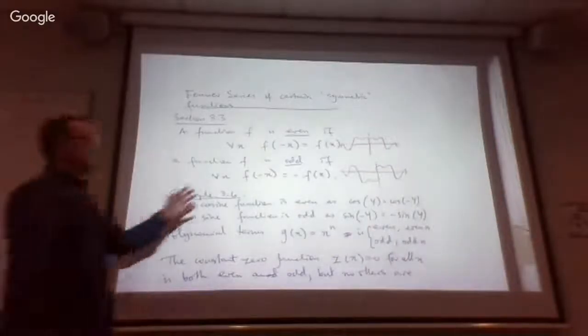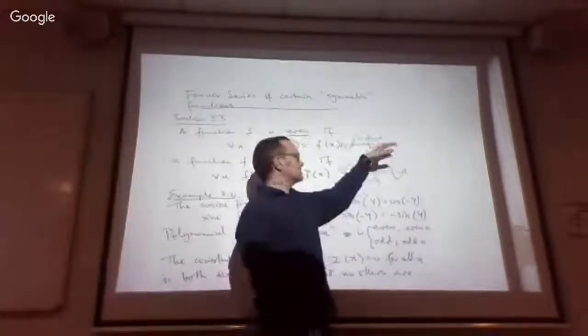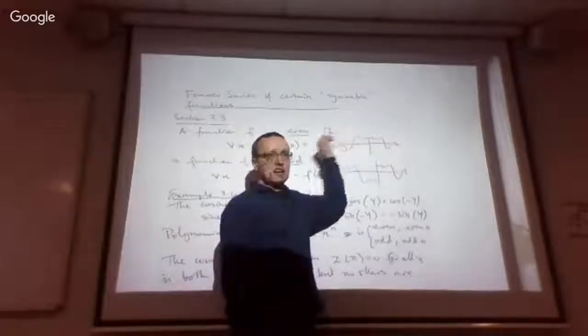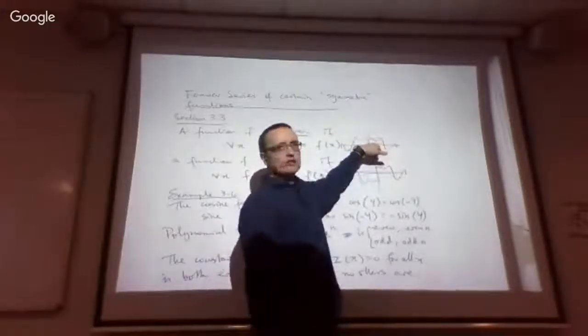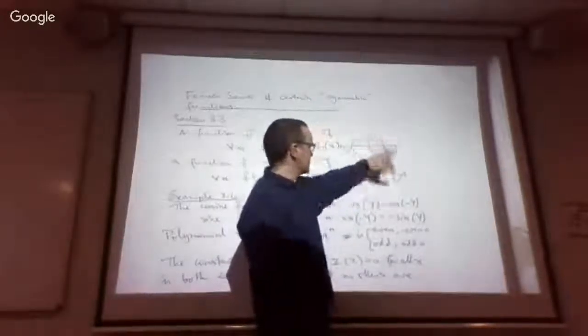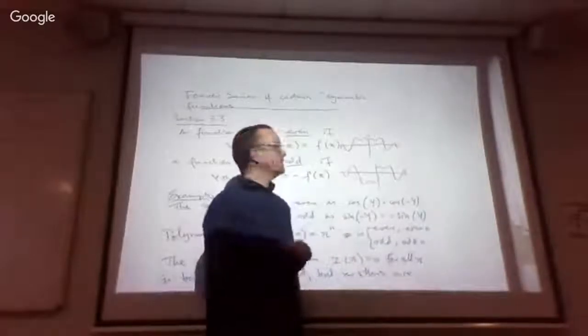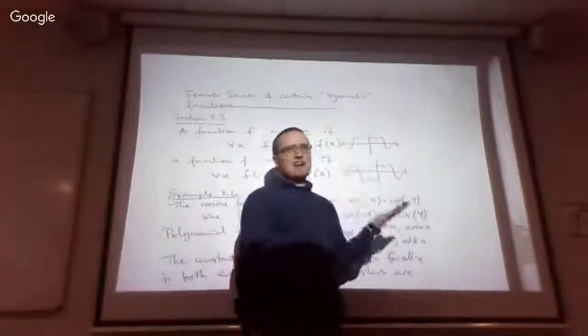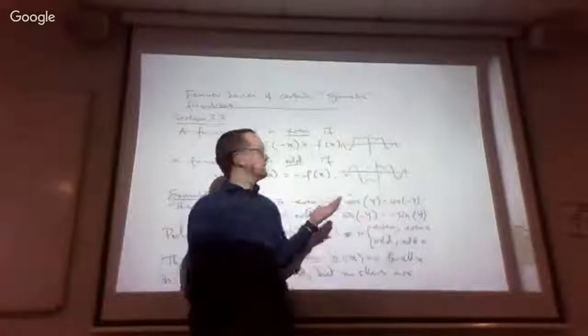If you go back to my two pathetic pictures up here, if you integrate odd or even functions along an interval centered at 0, remember, integration is about area under the curve.